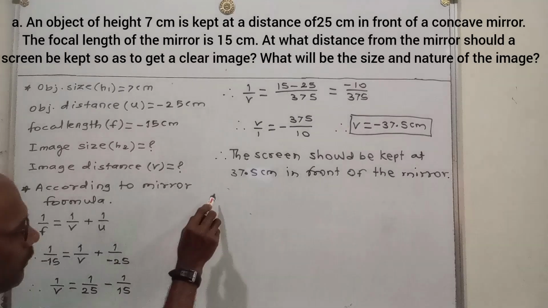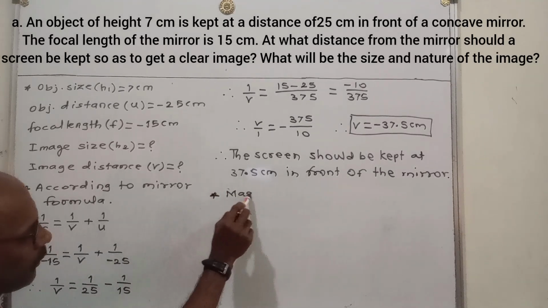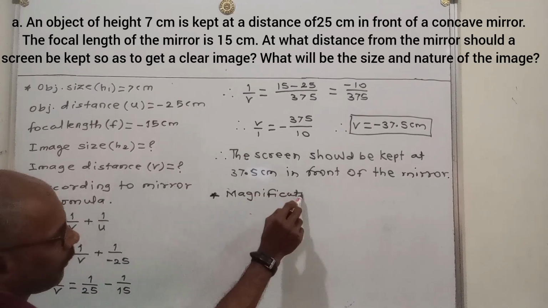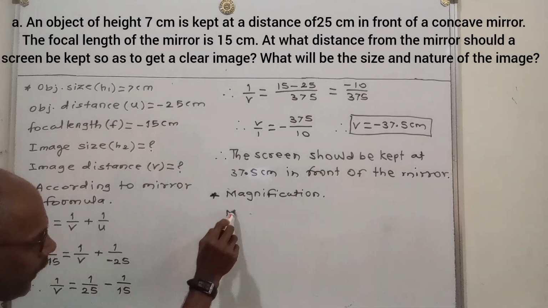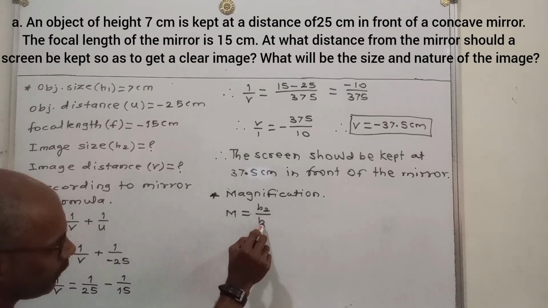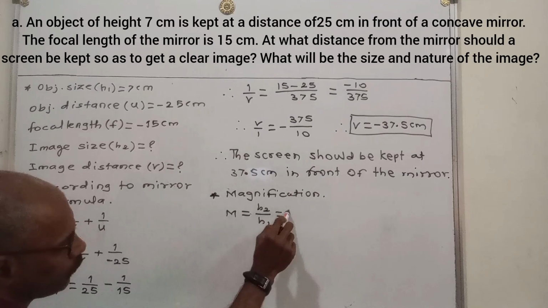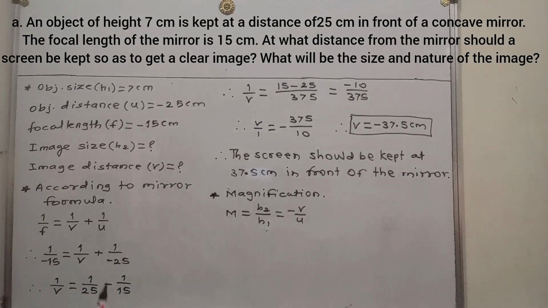Second is magnification. Magnification, that is m is equal to h2 upon h1 is equal to minus v upon u.